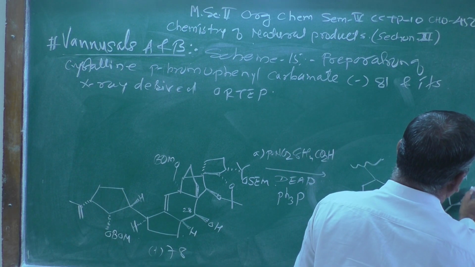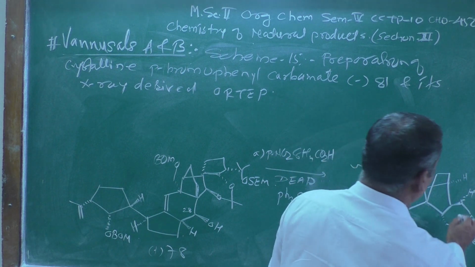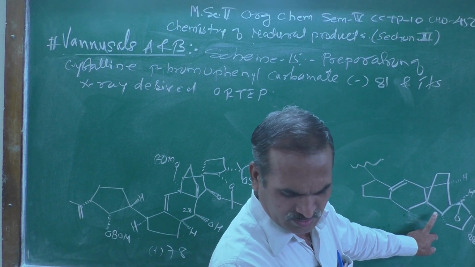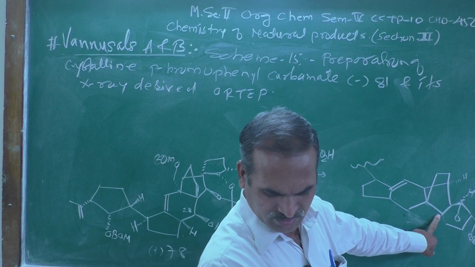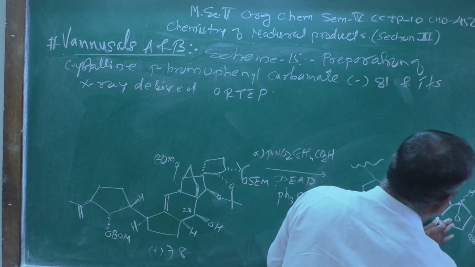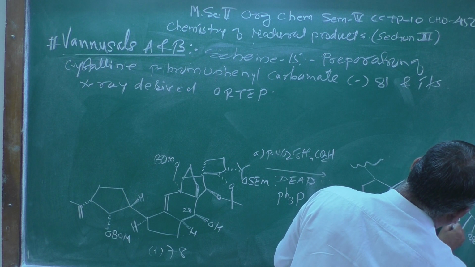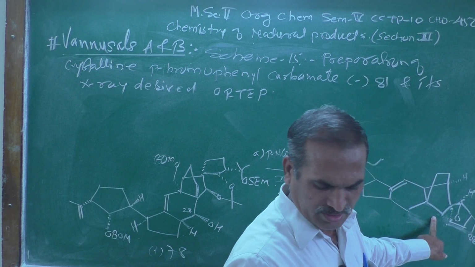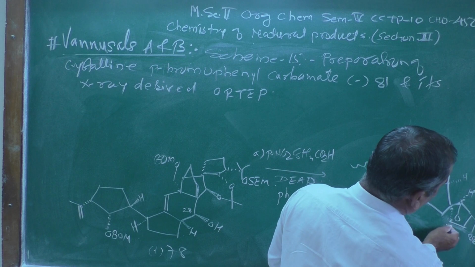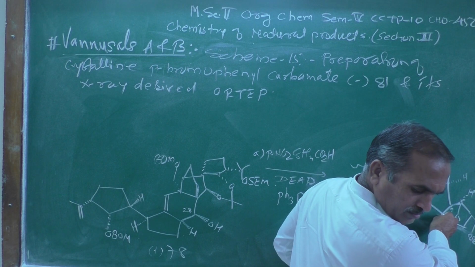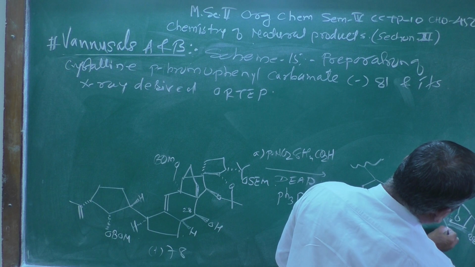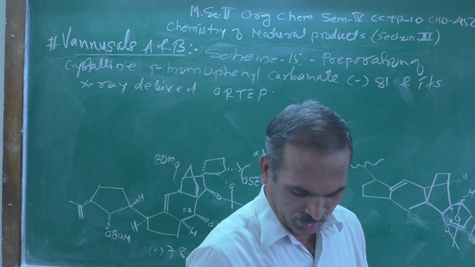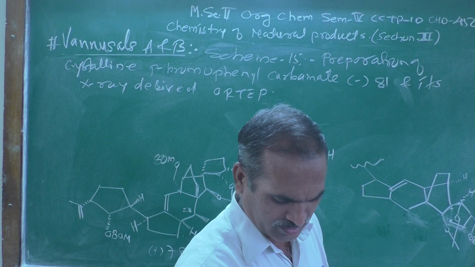Now here is a hydrogen atom shown like this, here is an oxygen atom. Make the correction here, and after that there will be an oxygen atom, and this is the protecting group shown like this.